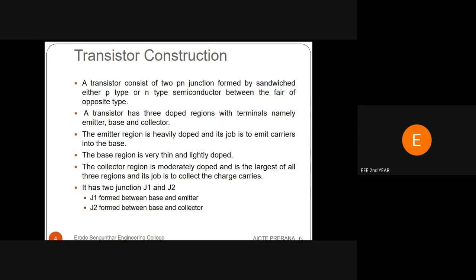The transistor also has two junctions, J1 and J2. The junction J1 is formed between base and emitter, so it is called the emitter-base junction. The junction J2 is formed between base and collector, so it is called the collector-base junction.